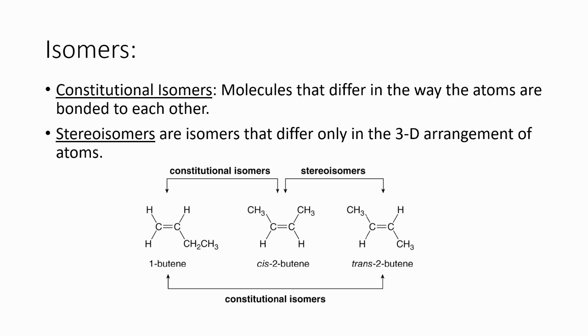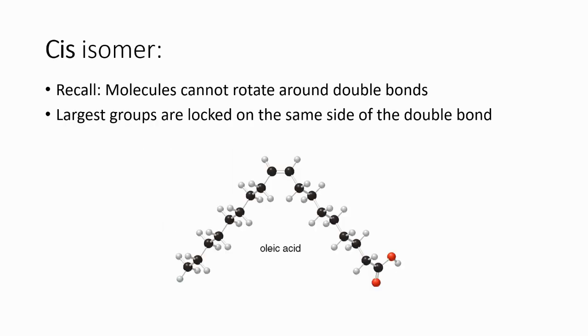Okay, thank you. All right, so cis means that the longest chain carbon is on the same side. So here, this is oleic acid. Have you guys heard of this? I don't know where it is found, but if this is a cis isomer, then our largest groups are locked onto the same side.